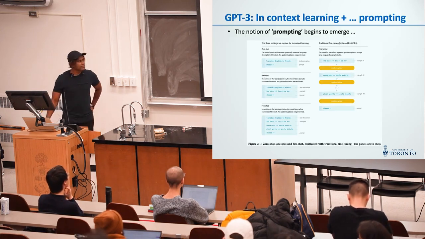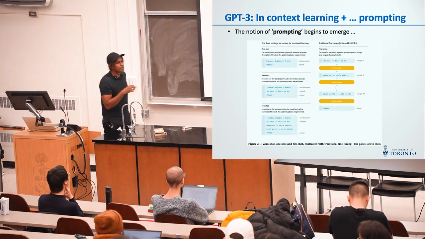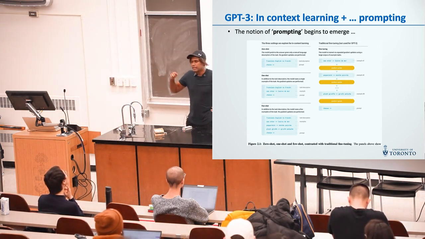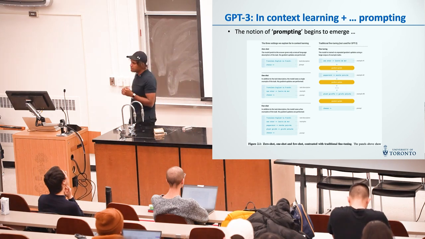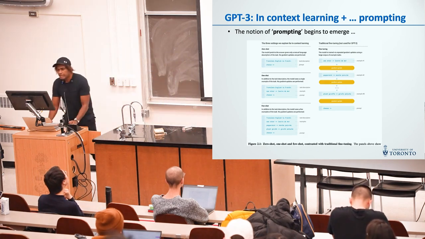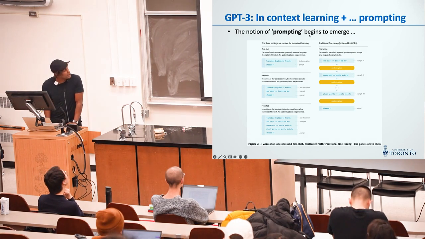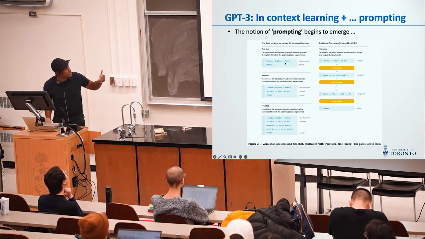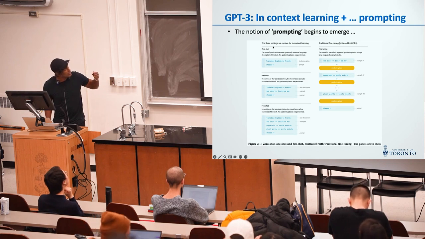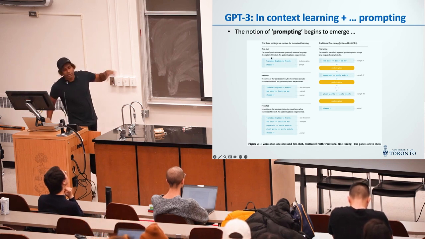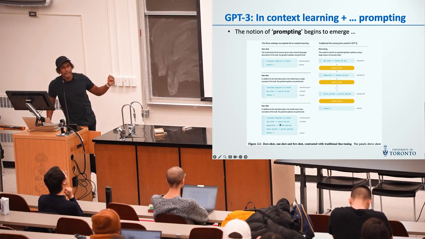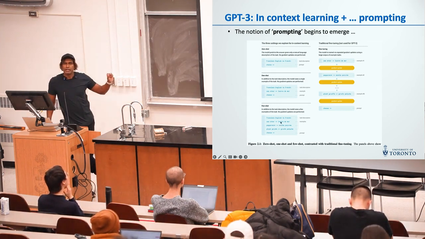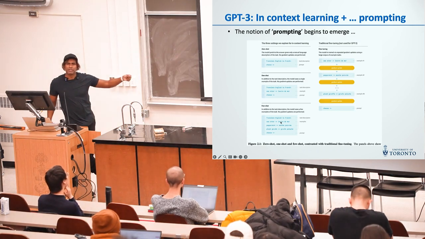This is also where the notion of prompting begins, and in the next lecture we'll be talking about prompting and in-context learning. What you feed to the language model, as an example, you can get it to do tasks. You have the notion of zero shot, one shot, and few shot. In the in-context learning setting, the shot means how many examples you are giving it.